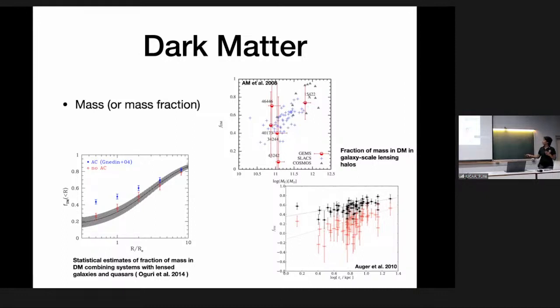The blue shows what if the dark matter particles respond to the presence of the baryons, the stars, and how that will affect the dark matter profile. The dark matter fraction will also be affected, and that's what is shown by these two sets of points, and this curve here shows where the observations are. This clearly allows us to distinguish between the two models and understand what is happening to the dark matter in these systems.